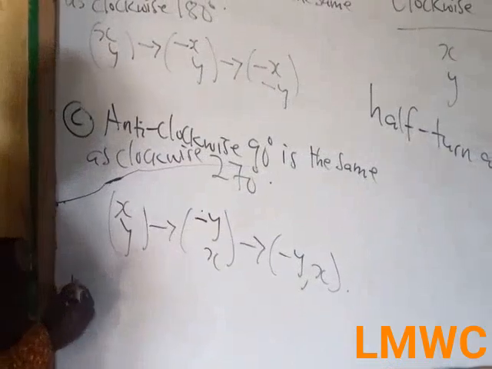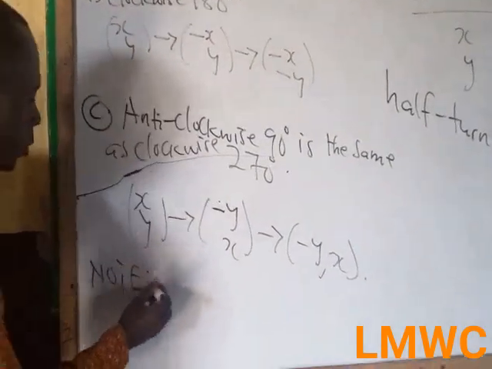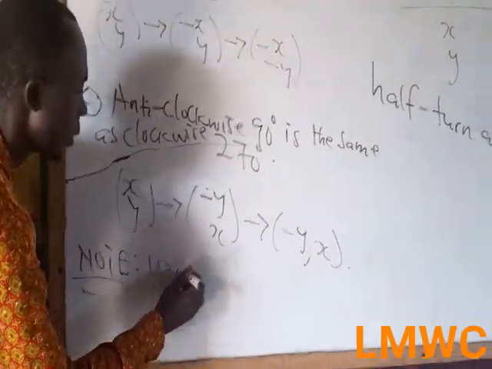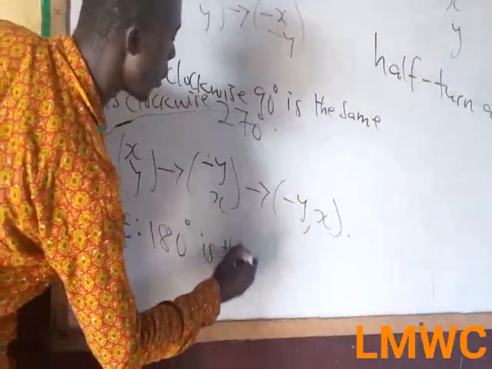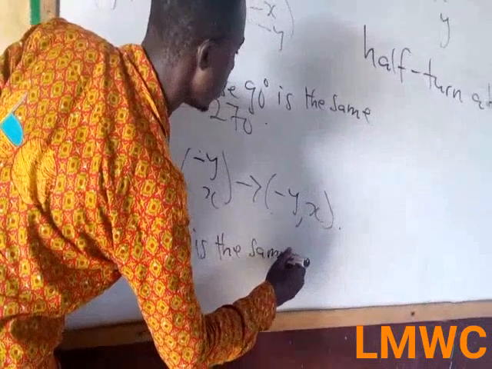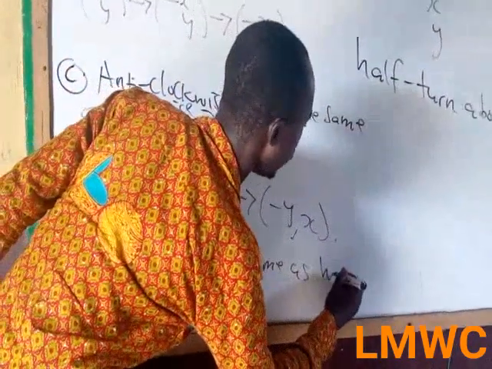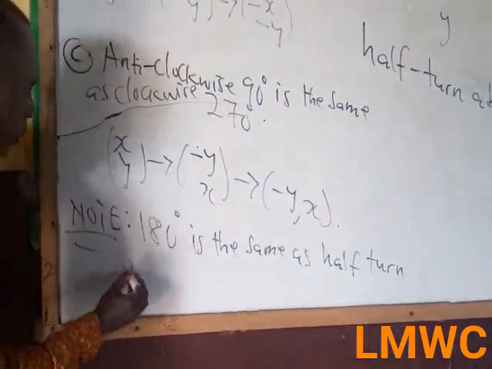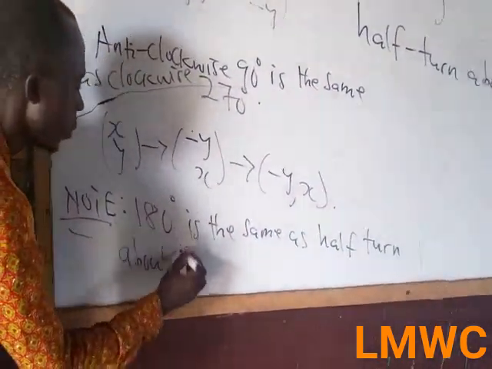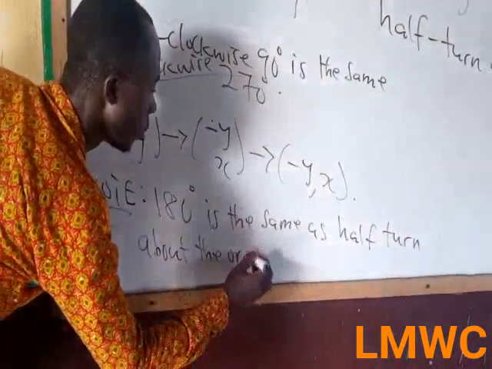And take note, 180 degrees is the same as a half turn about the origin.